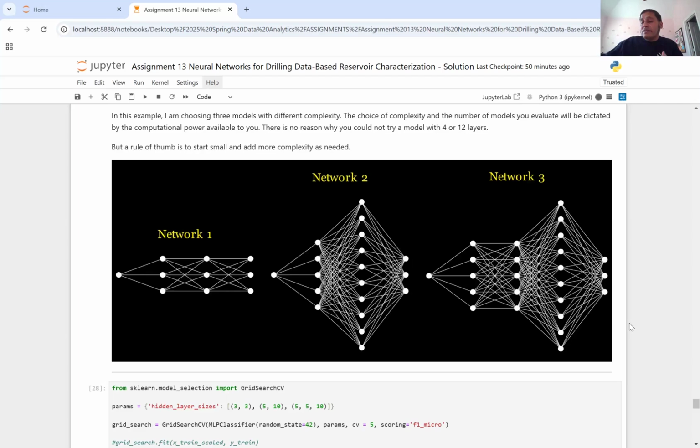Maybe even try a 5-layer network, and so on and so forth. Of course, there's going to be a point in time where we have to ask ourselves, at what point do we stop testing? Because there are infinite number of combinations that we could possibly test. And that's largely dictated by how much computational power and resources we have available to us.